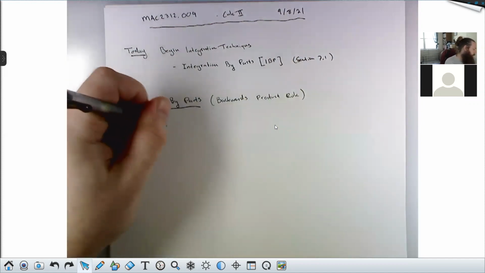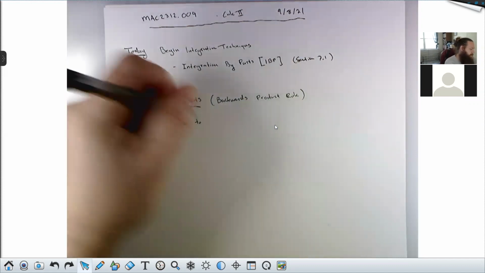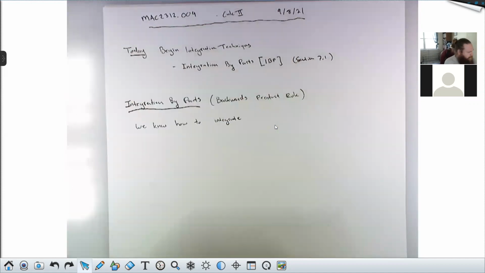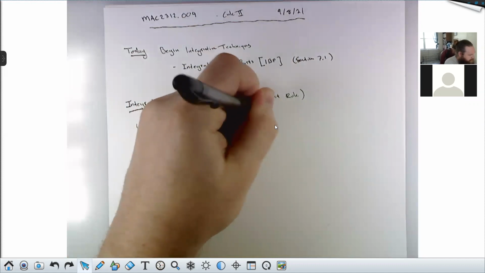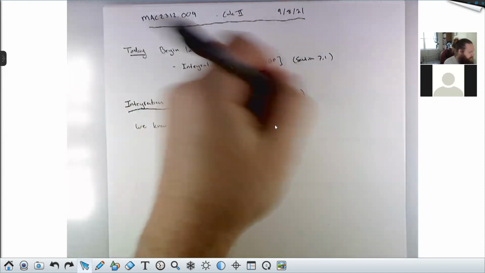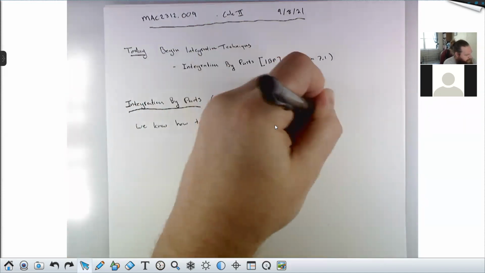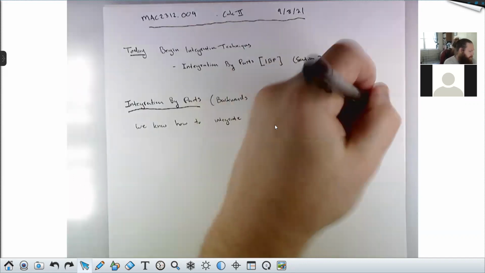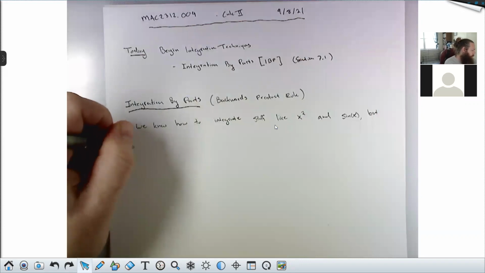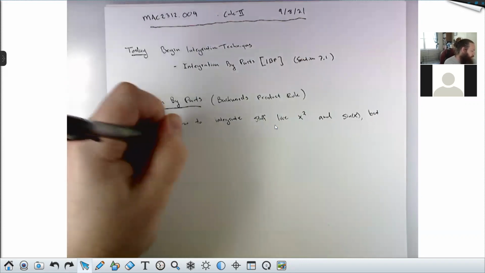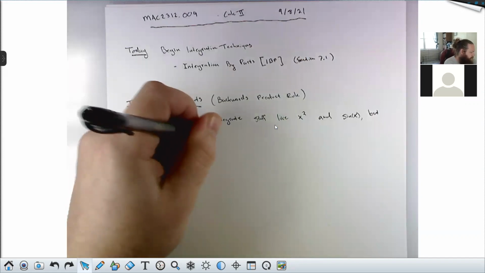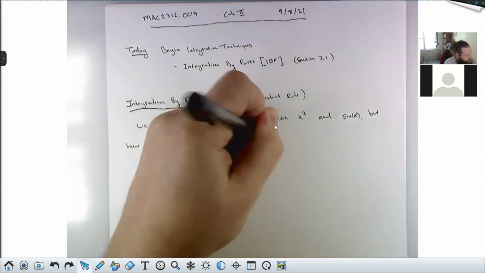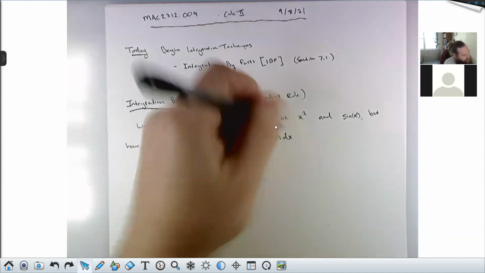Right now, we know how to integrate, obviously, I'm not going to list everything, but we know how to integrate stuff like, I'll just use the example I gave you, stuff like x squared and sine of x. But how would you evaluate the integral of x squared times the sine of x dx?